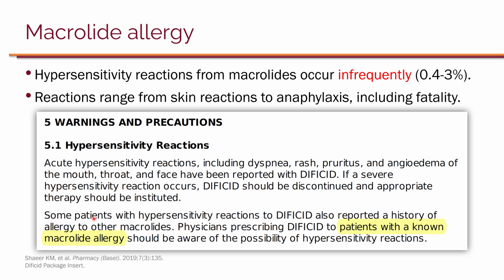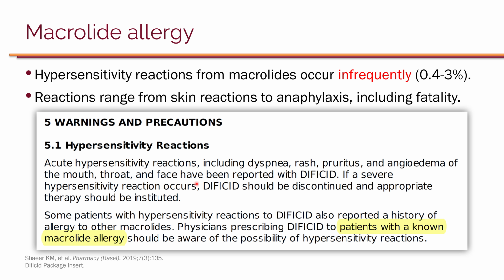Essentially, the FDA says some patients with hypersensitivity reaction to Dificid also reported a history of allergy to other macrolides. Physicians prescribing Dificid to patients with a known macrolide allergy should be aware of the possibility of hypersensitivity reaction. Now, one thing is that this reaction to macrolides is very rare.